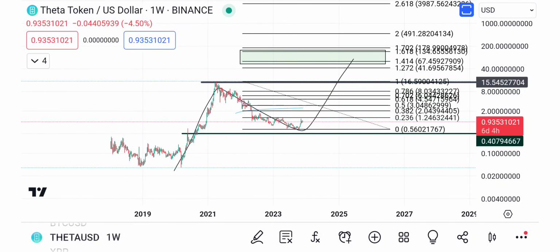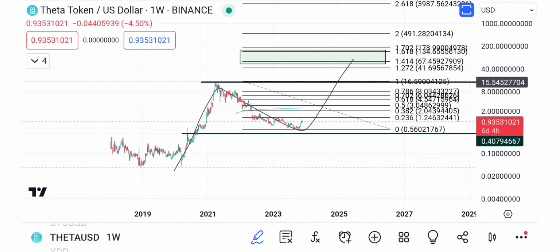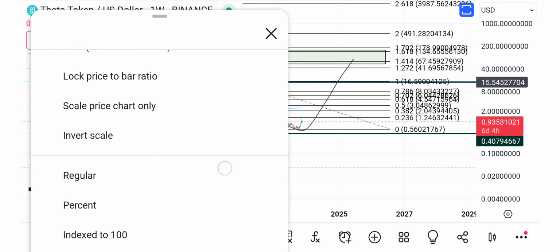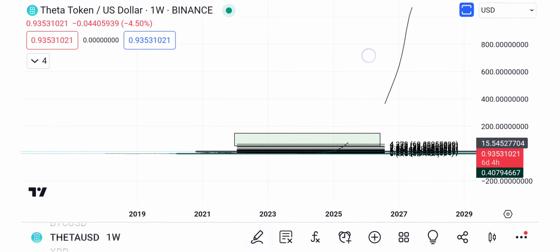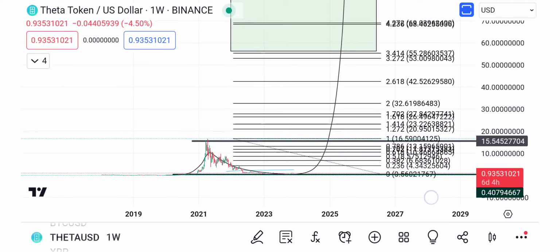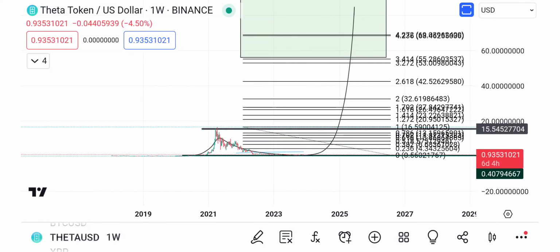So we're only in a wave 1. Wave 3 is way more explosive, but not necessarily in percentage terms, right? So if I flip this to linear scale, watch how crazy it's going to look. See, now it looks different, right? Now it looks like, whoa, that doesn't look like it's possible.